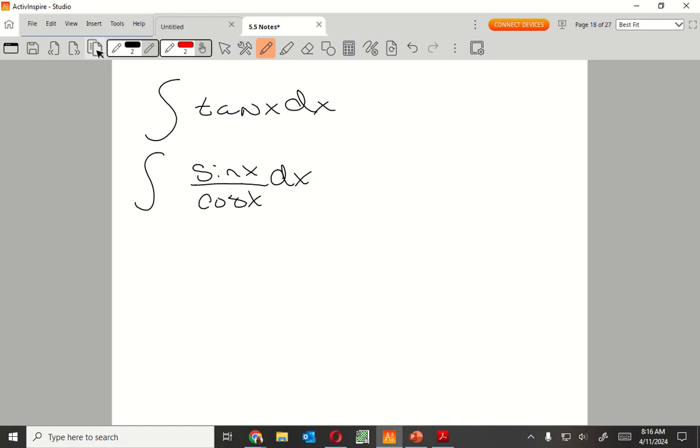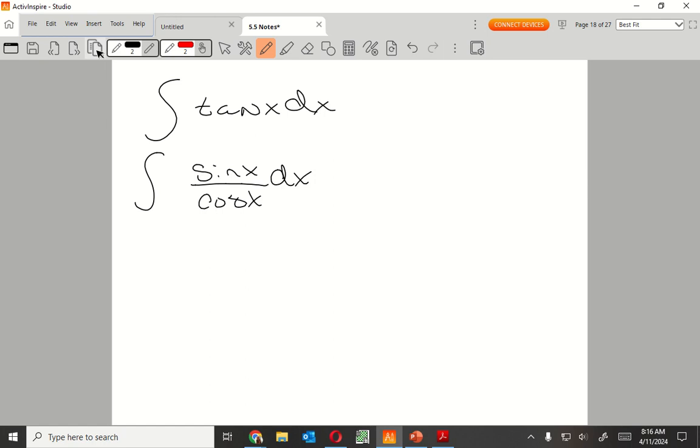And since this is one of those things I'm looking for again, I'm looking to u sub. Since we have sine and cosine, I'm looking for the derivative, right? One's going to turn into the other. So which one do you want? You want the derivative of cosine or the derivative of sine? Cosine. Okay, that's good.